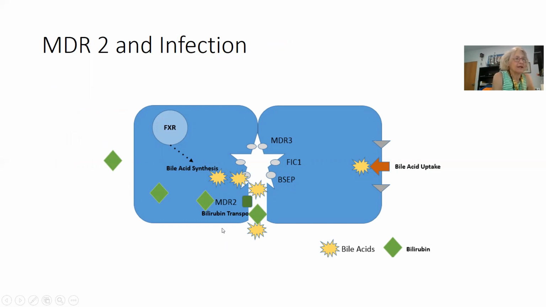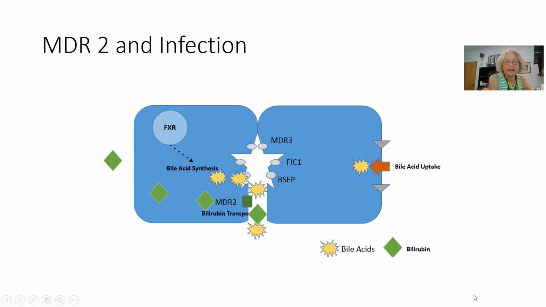bacterial infections inhibit bile acid uptake, but most importantly, they inhibit the transport of bilirubin. And so you're conjugating the bilirubin just fine, but you can't transport it into the bile duct. And so you get this buildup of bilirubin that then back diffuses into the liver cells.